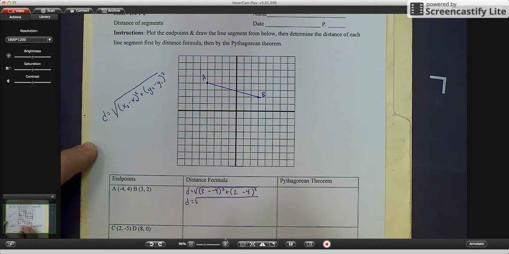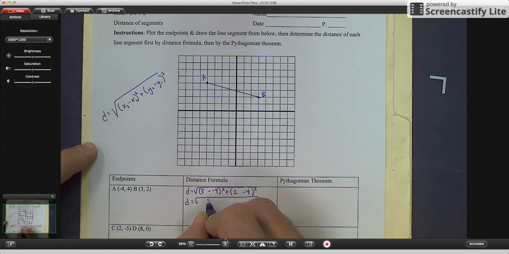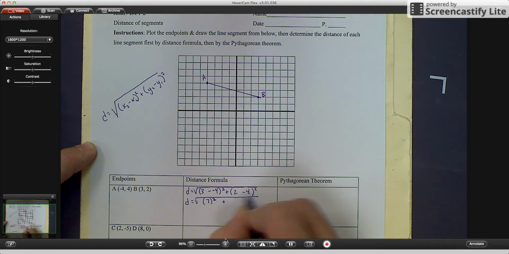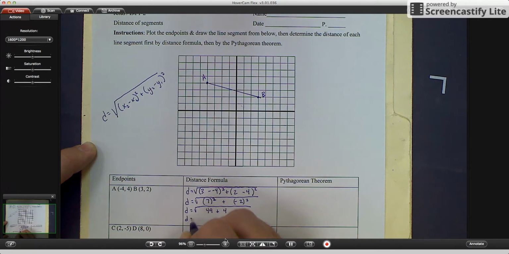Two negatives become a plus, so that would be 3 plus 4, which is 7 squared. Plus 2 minus 4 would be negative 2 squared. Then D is equal to 7 squared is 49, plus a negative 2 squared is 4. And then we get D is equal to the square root of 53.